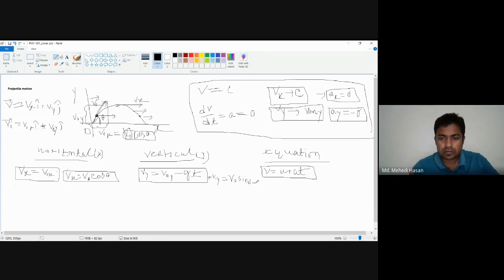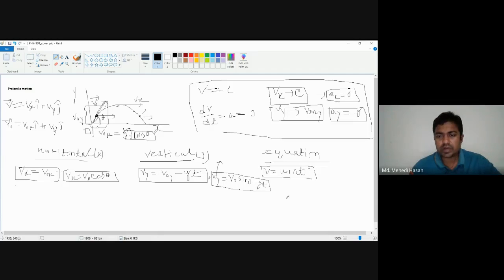Okay, so by using this equation, you can find the time to gain a particular velocity along the y component, or you can find the y component of the velocity at a certain time. So this is the equation in the vertical plane.